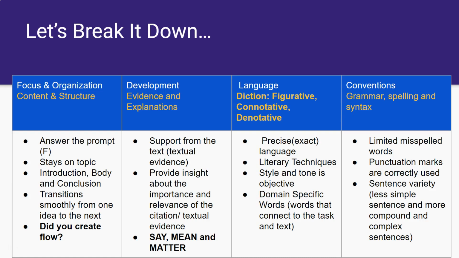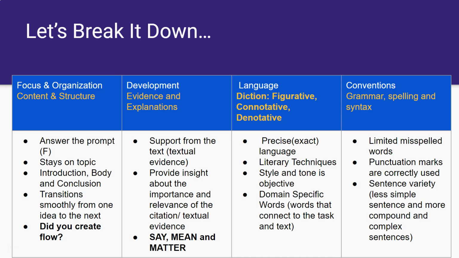And then we're talking about conventions. We're talking about grammar, spelling, and syntax. Syntax is the structure of your sentence. So we want to limit the misspelling of words. We want to make sure that we're properly punctuating our sentences. We want to make sure that we're not writing an essay that's full of simple sentences.